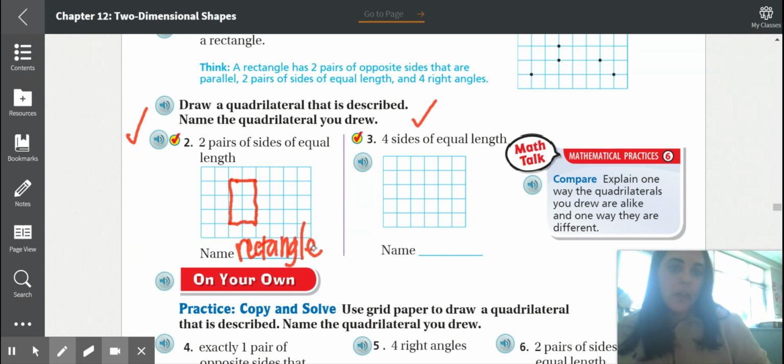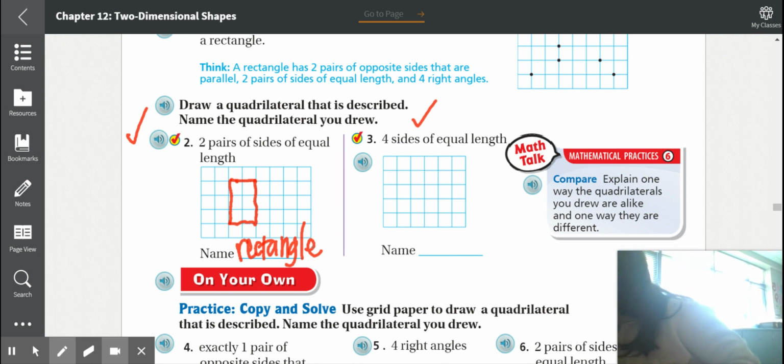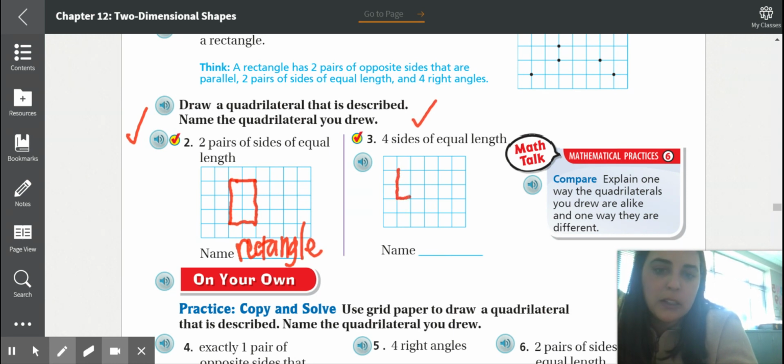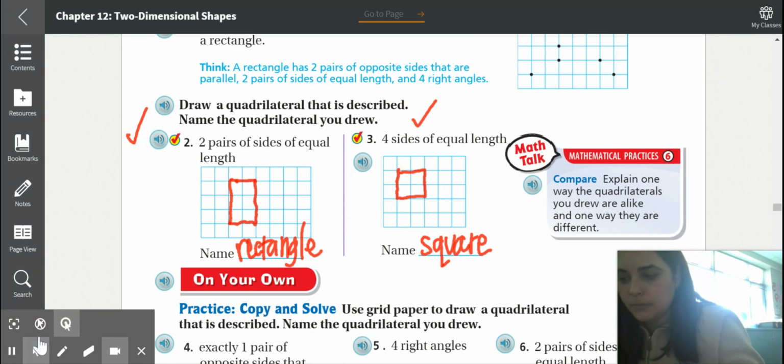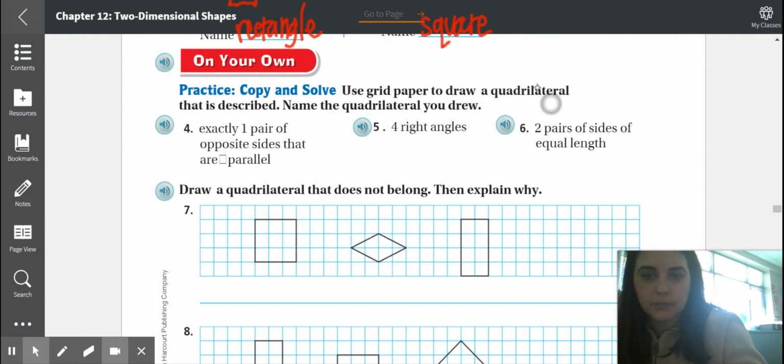Number 3, 4 sides of equal length. There's more than one answer. So if I'm counting these little squares, each side would have to be 2 units long. Okay, that is a square.